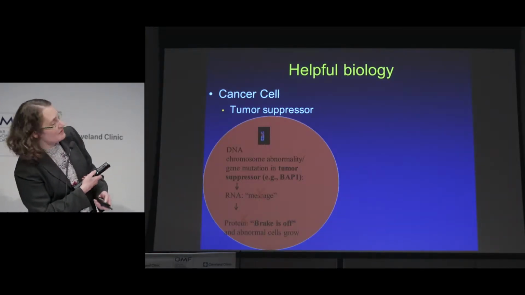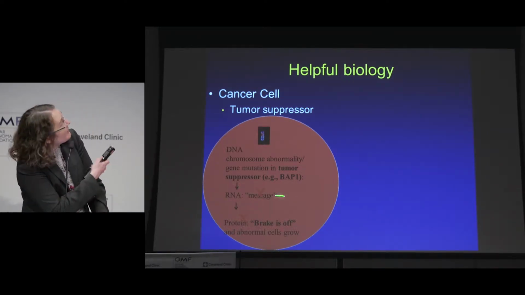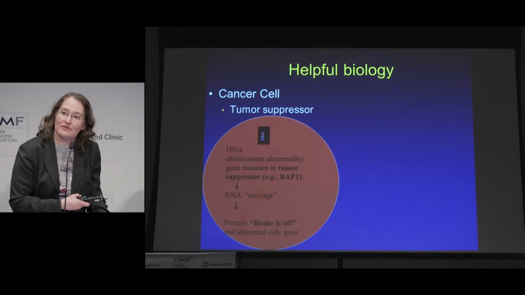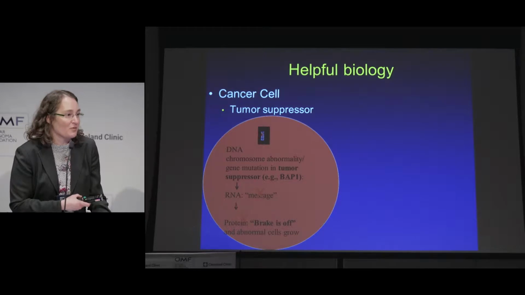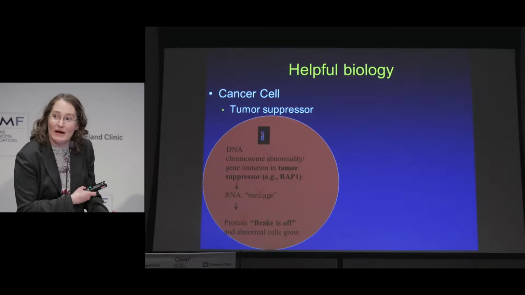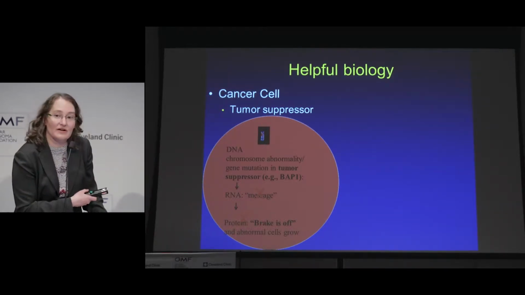So this is a cancer cell. You could have a mutation, for example, in the DNA in a tumor suppressor gene. A good example for uveal melanoma is BAP1. BAP1 is actually a tumor suppressor gene. So what happens if you have a mutation in the BAP1 gene? Well, you don't make the RNA for the BAP1, and then you don't make the protein for the BAP1.